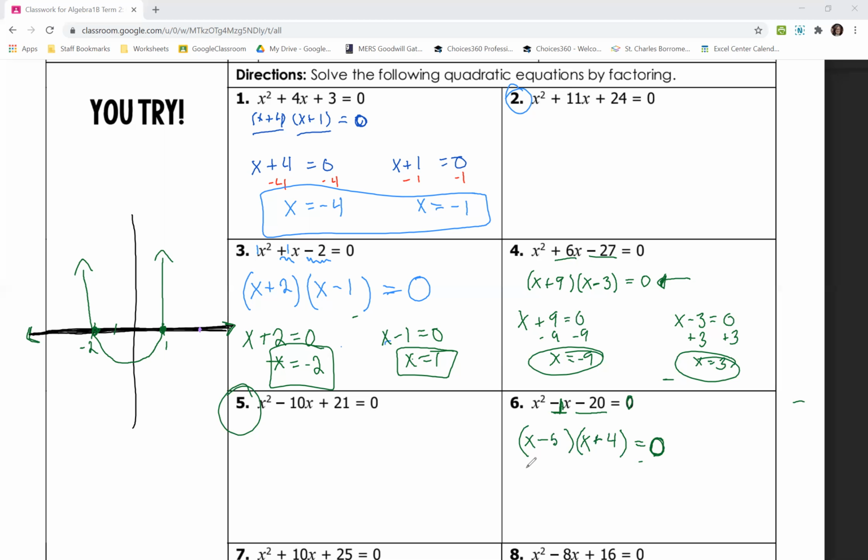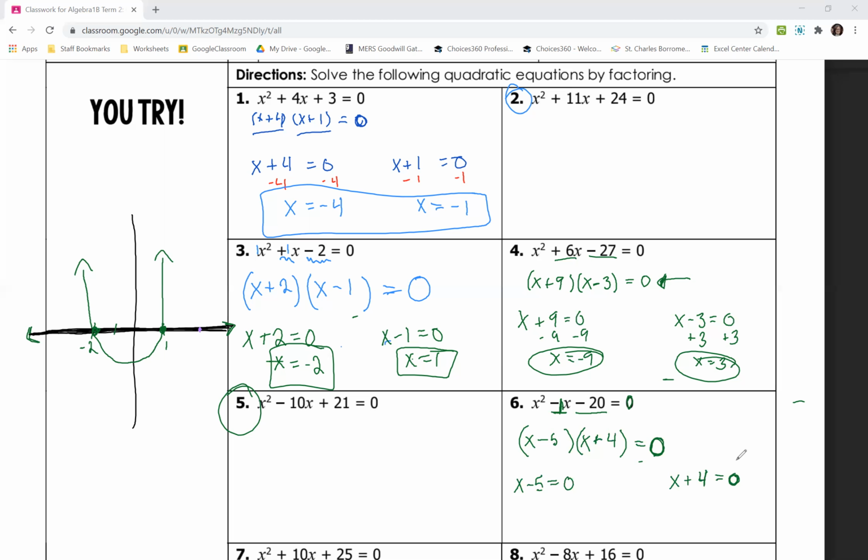Okay, so since I have a multiplication problem where the answer is 0, I know that this multiplication problem will be true if either one of these linear equations is true. I think it's really interesting that when we're learning how to solve a quadratic equation, our goal here is to somehow create two linear equations that we already know how to solve.